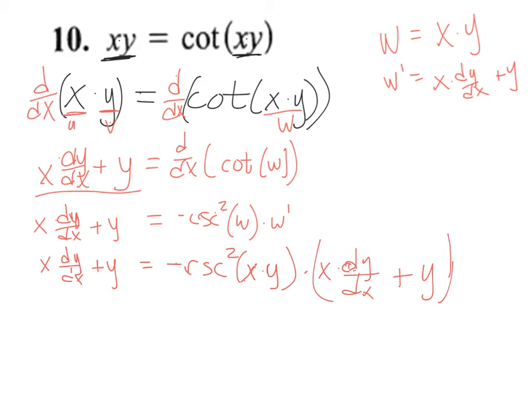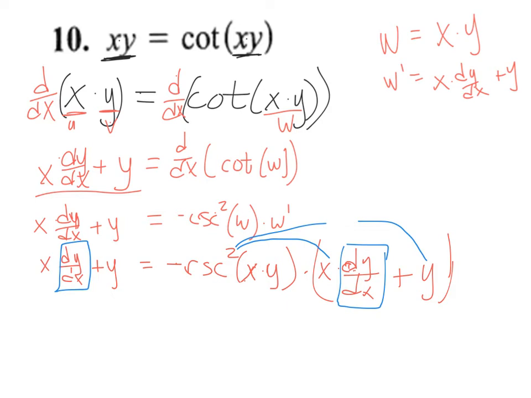So this is where it gets kind of nuts. My objective now that I've taken the derivative is to solve for dy/dx. This poses a problem on the right side. I have this entire function that I need to distribute in order to get rid of this multiplication. So I'm going to distribute negative cosecant squared of x times y into this part on the right.